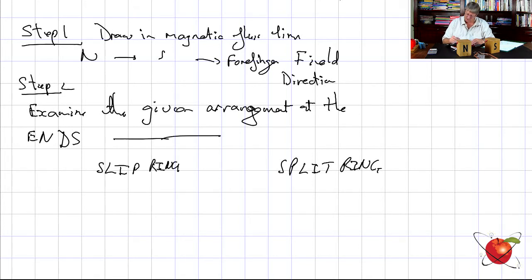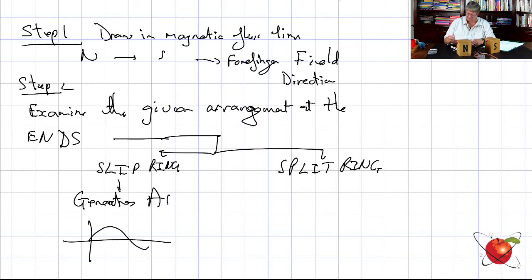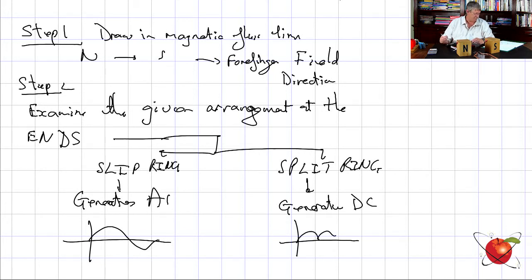So there's a decision you're going to go through. If it's a slip ring, straight away the slip ring generates AC, so we've got that. If it's a split ring, it generates DC, which is this one. Generating DC, and we're calling it a dynamo, and this one we call a generator.